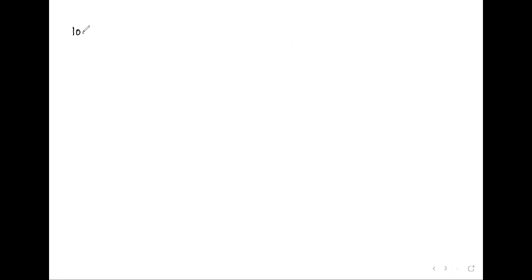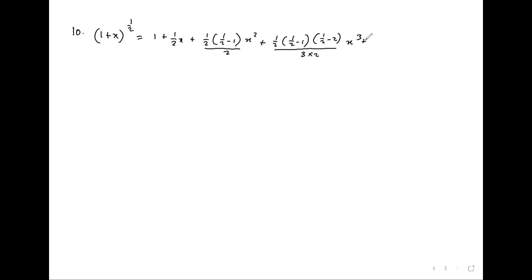Let's do 10. By substituting 0.08 in the expansion of 1 plus x to the power half, first let us have the expansion. 1 plus half x plus half times (half minus 1) x squared over 2, plus half times (half minus 1) times (half minus 2) over 3 by 2 x cubed.